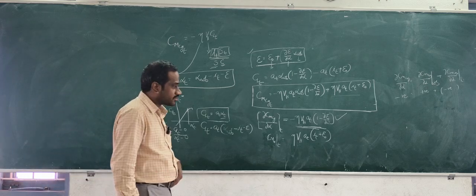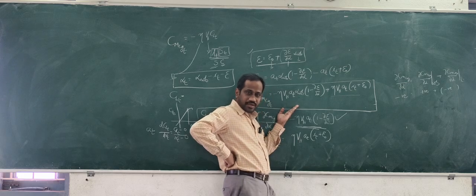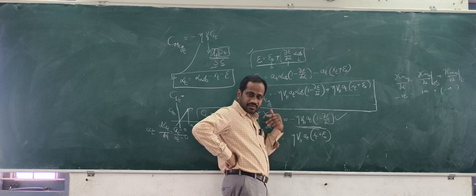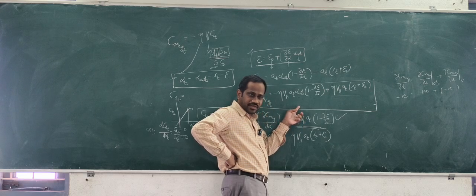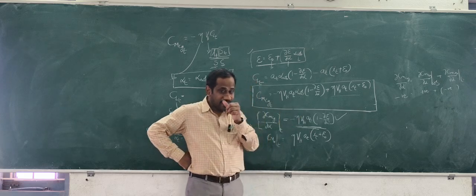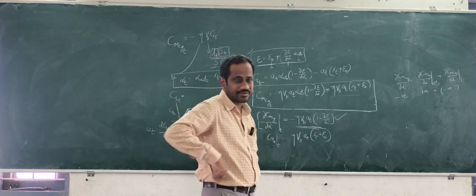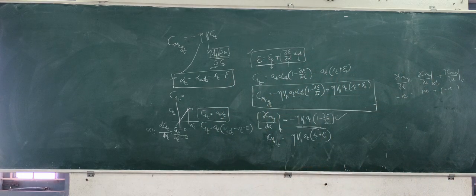So we want this to be a more negative value, right? Dou Cm by dou alpha should become more negative. Now tell me, for it to become more negative, VH value should be higher. VH value will be higher if the tail is positioned possibly far away from the center of gravity, and possibly you select the planform area of the tail.